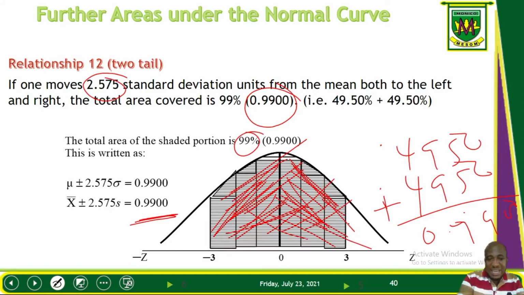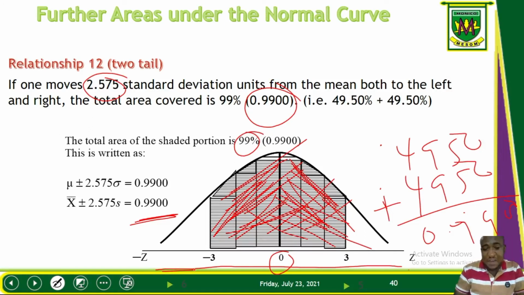In percentage terms, this means that we have covered 99% of the space. Let me draw your attention to something. Remember when I was explaining the features of the normal curve, I said that anytime the normal distribution curve is standardized, the standard deviation is always 1, the mean is 0, and the area covered under the curve is always 1. If the area under the curve is 1, then we have 0.5 for both sides.